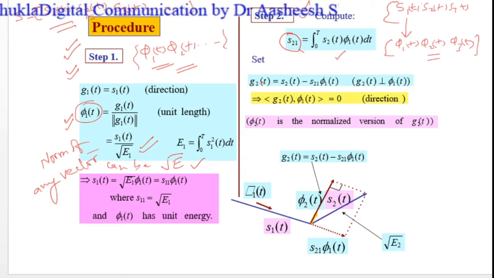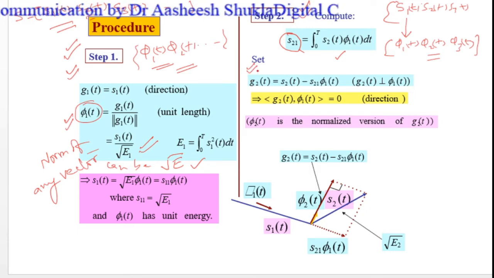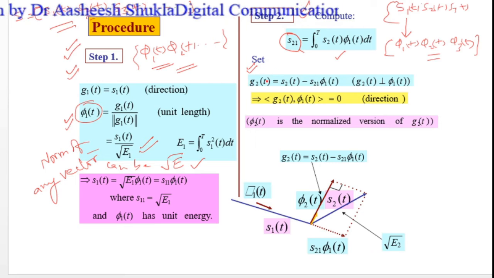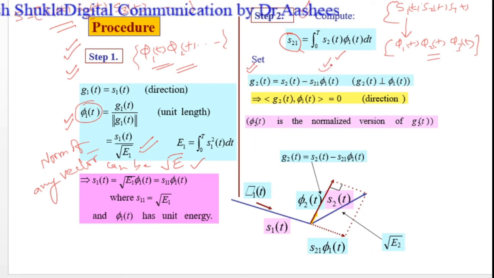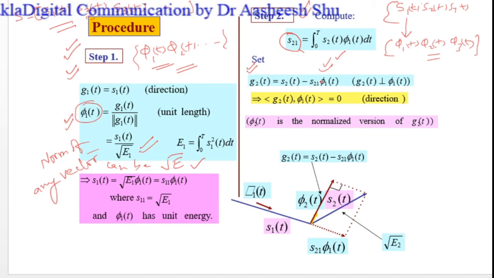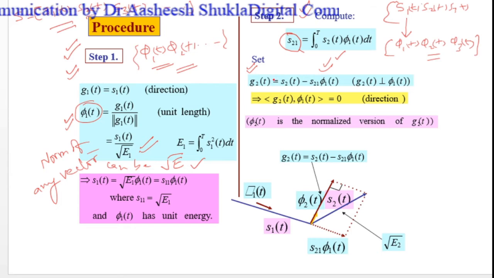So G2(t) can be written as, now we are considering a new vector called G2(t), because from G2(t) we will calculate phi 2(t). So that new vector G2(t) can be written as S2(t) minus S21 phi 1(t). If we do so, it will make sure that your new vector, G2(t), will definitely be perpendicular to phi 1(t).